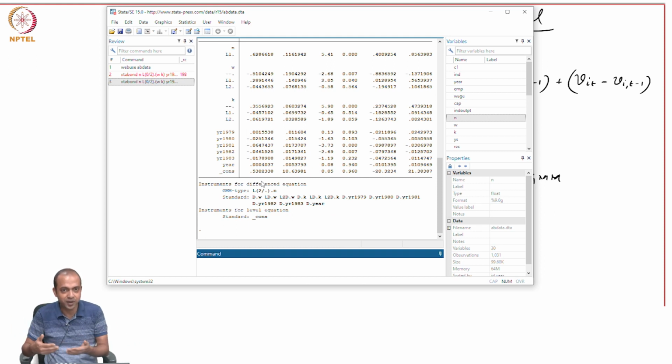So, lags of level are poor instruments for differenced variables, and the severity of this problem increases when the variables follow a random walk. To overcome that problem, Arellano and Bover 1995 and Blundell and Bond 1998 suggested system GMM.